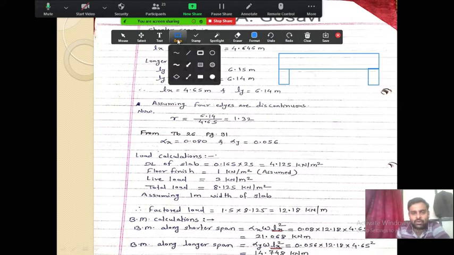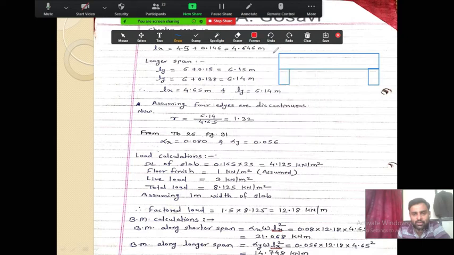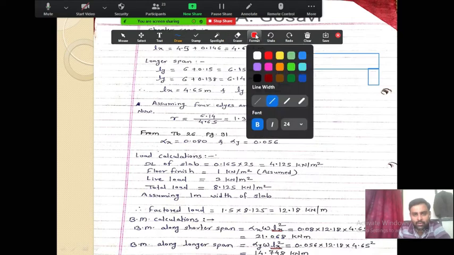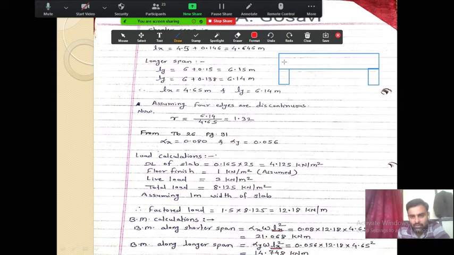Now what is the center to center distance? Now to calculate the center to center distance, this is from this point. If I draw the center line of this, so if this is the support, this will be the center line. Okay, so this is the center line.